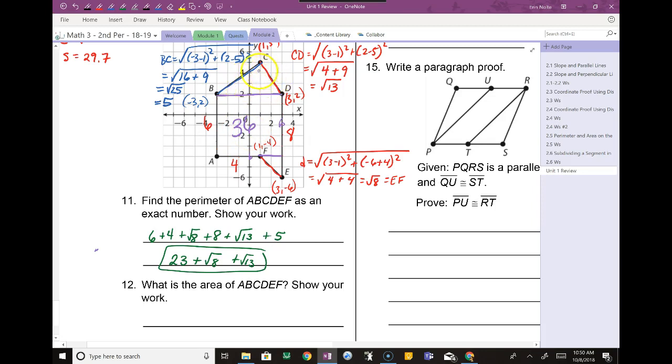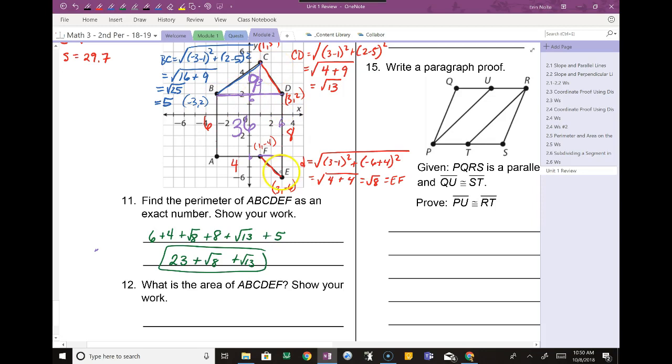So now if we do the triangle up top, remember you have to have a height that's perpendicular to your base. So 1, 2, 3, 4, 5, 6. So this is a base of 6, height of 3. So 3 times 6 is 18, and half of 18 is 9. So area of a triangle is 1/2 base times height.